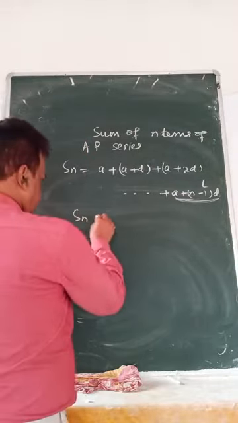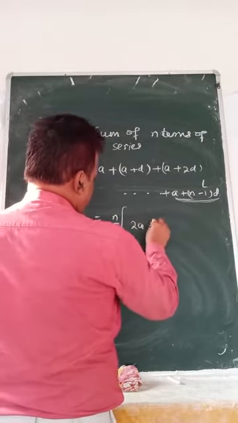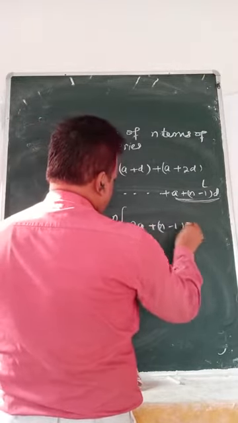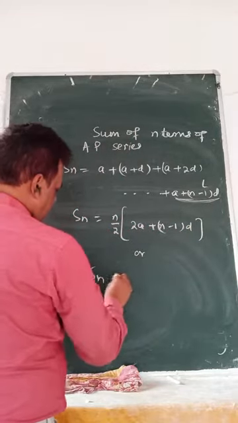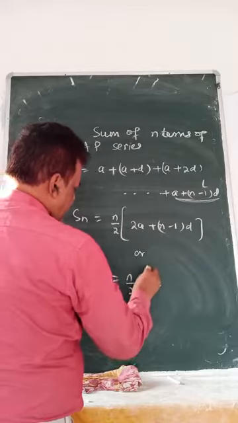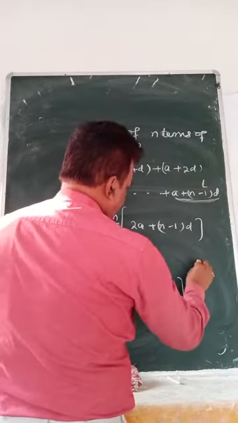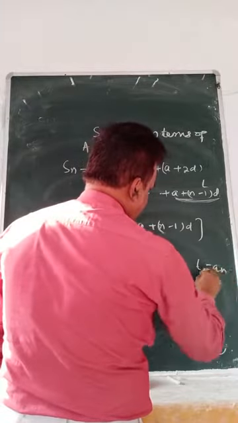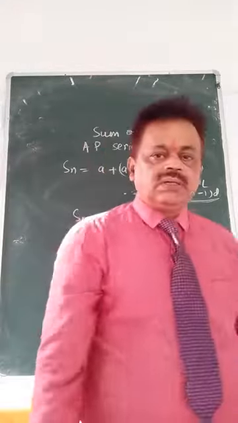Sn equals n by 2 into 2a plus n minus 1 into d, or Sn equals n by 2 into a plus an. Remember, L and an both are same. A plus an or a plus L both are same.